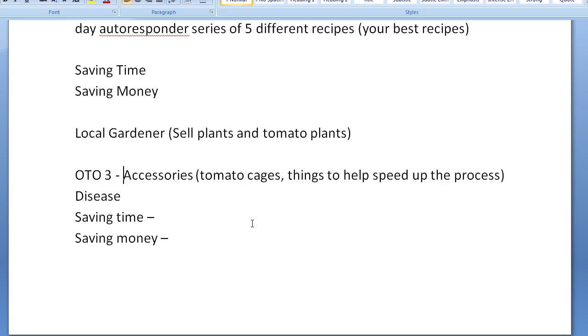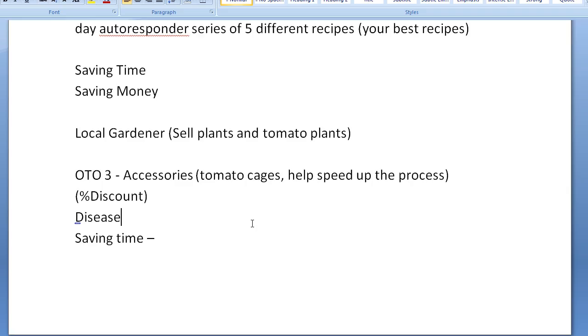And you could say, hey, since you bought one-time offer number 2, or you bought the front-end offer, we're going to give you this discount, so forth and so forth. So a percentage discount. And then of course we have here, the front end offer could be disease-free tomato plants.